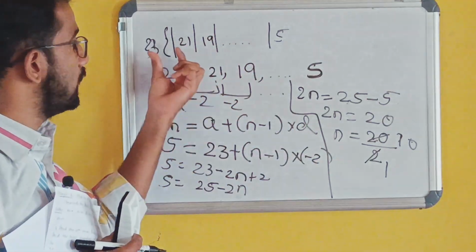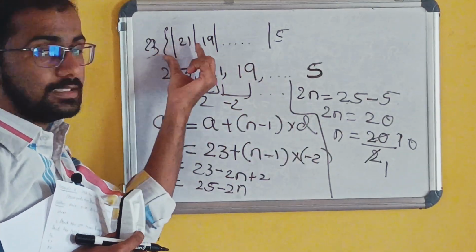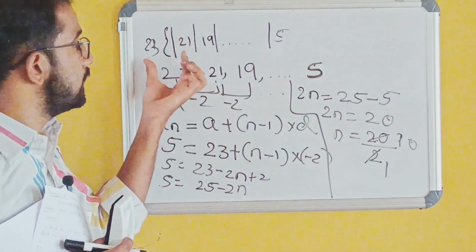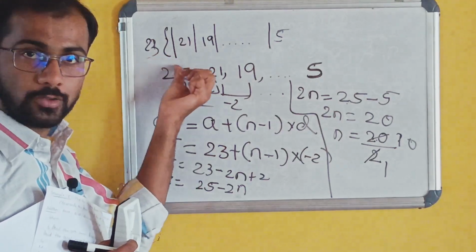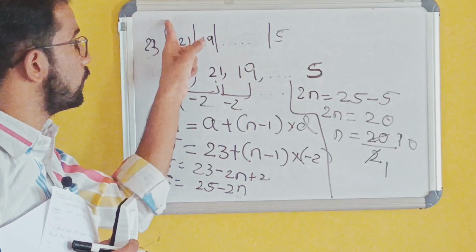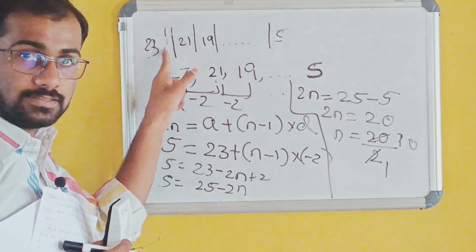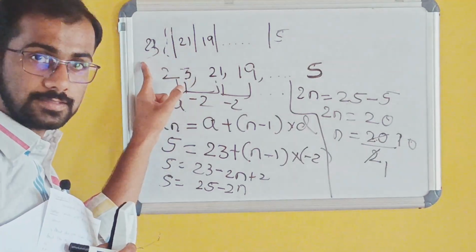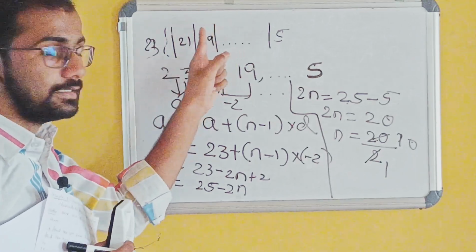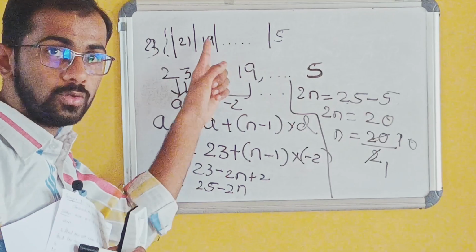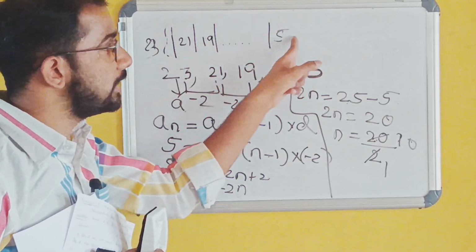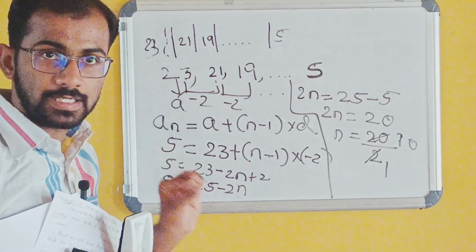I will explain it again. There is one flower bed with some rows. In the first row there are 23 flowers, in the second row 21, in the third row 19, and so on up to the last row, where 5 flowers are present.